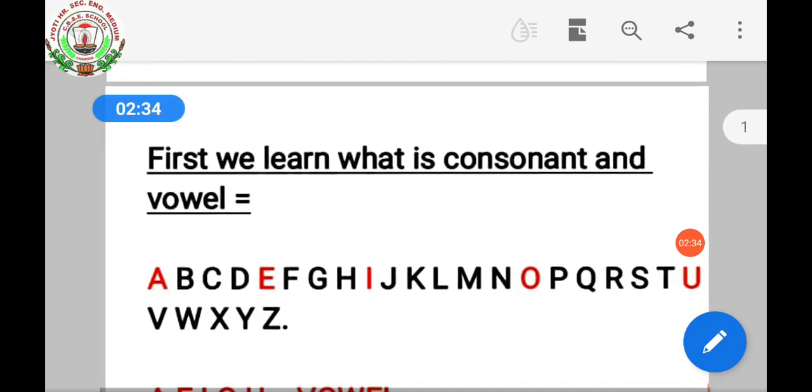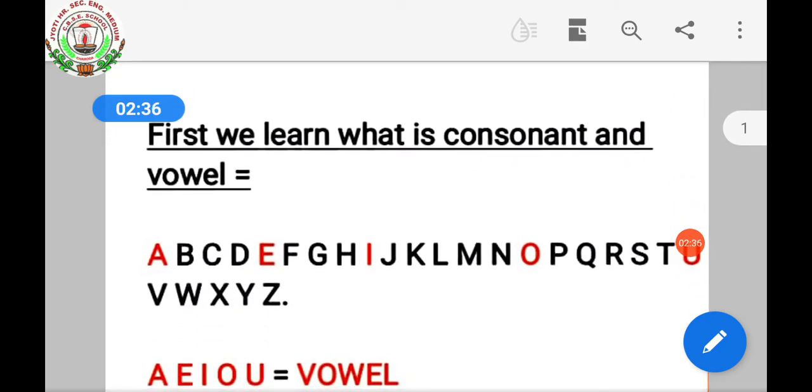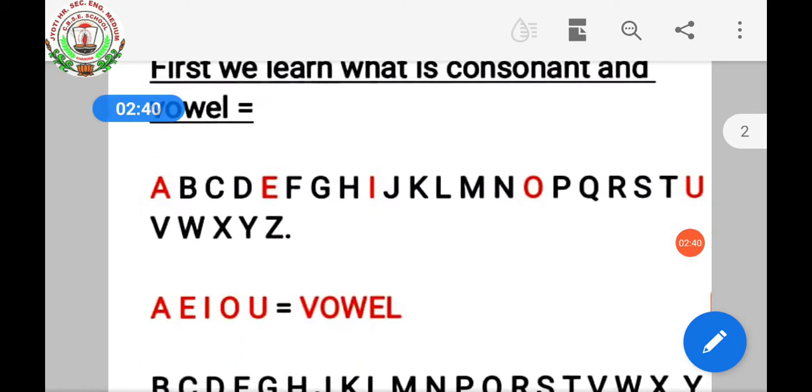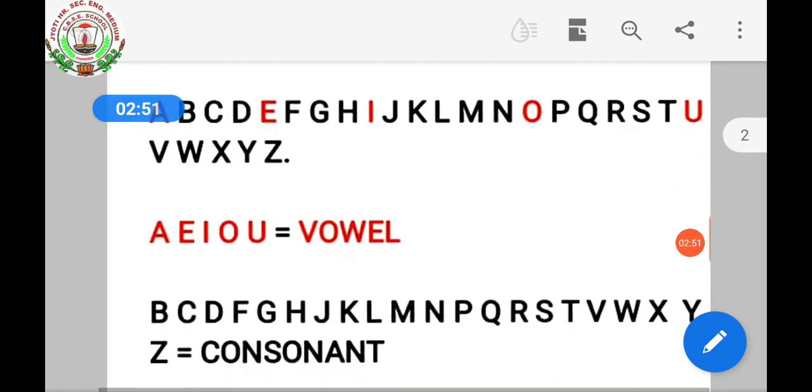Okay. Now, first we learn what is consonant and what is vowel. You know there are 26 letters in the English alphabet, and I have written them here. The red ones, A, E, I, O, U, are your vowels and the rest are your consonants. The same is in your Hindi also.